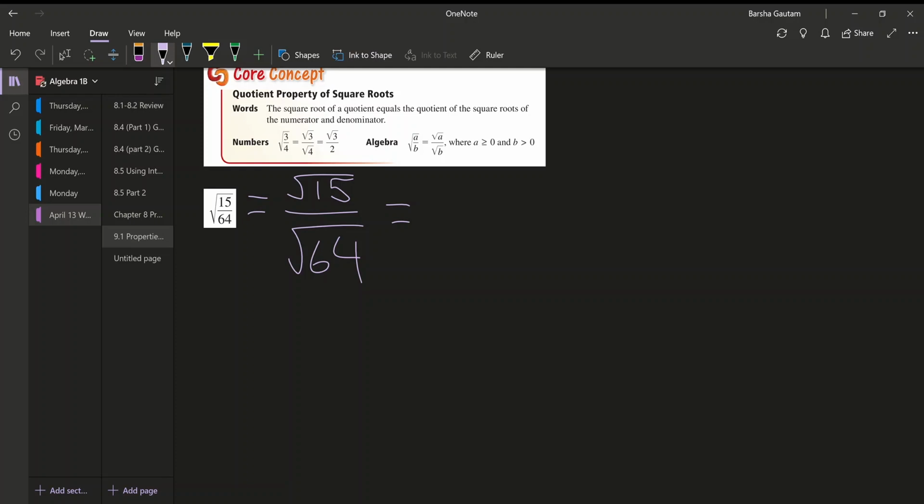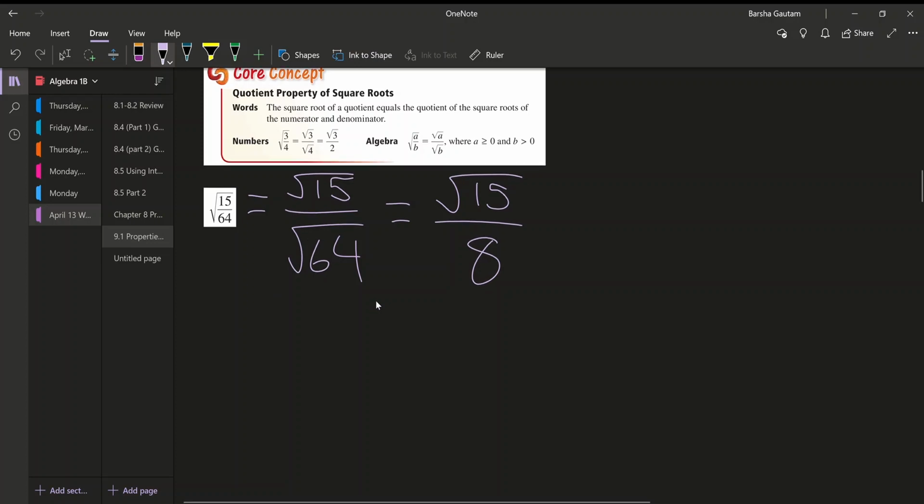And we notice that we can't simplify root 15 anymore, because even if we did 3 times 5, we cannot find the root of 3 and 5. So we're just going to leave root 15 by itself. But can we find the square root of 64? Yes, we can. The square root of 64 is 8. And that will be the final answer.